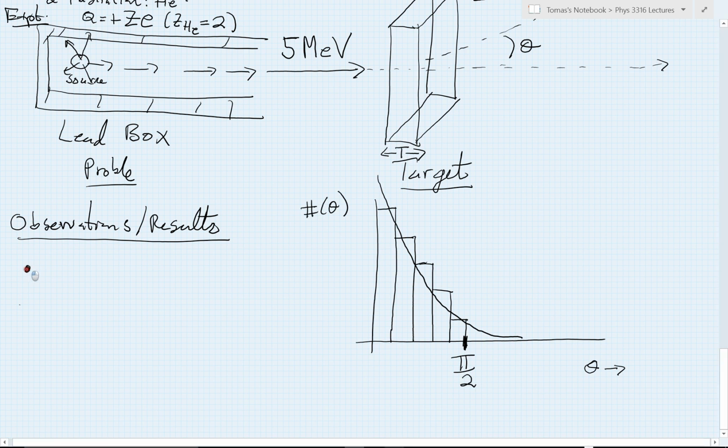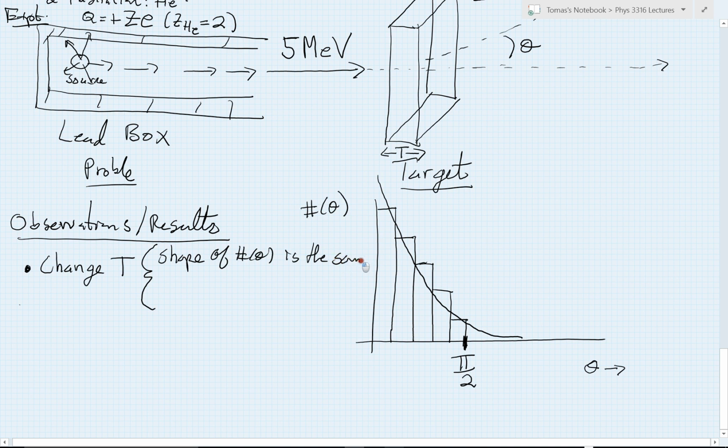The first thing has to do with the thickness. When you change the thickness T, and this is why they were using a very thin foil, the first thing you notice is that the shape of this count function stays the same.